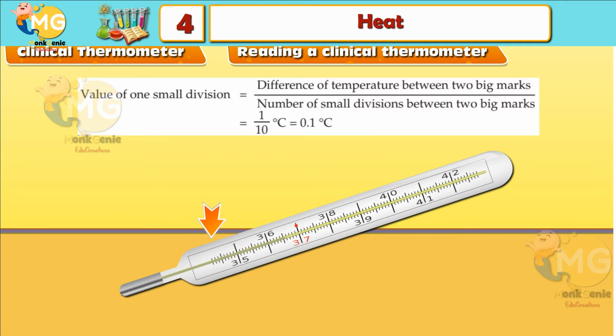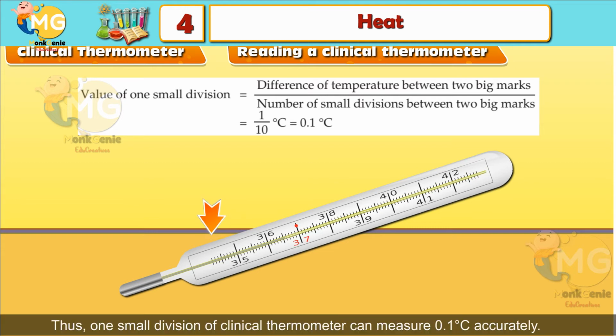Then the value of one small division is equal to the difference of temperature between two big marks upon the number of small divisions between two big marks, which is equal to 1 upon 10 degrees Celsius, equal to 0.1 degrees Celsius. Thus, one small division of a clinical thermometer can measure 0.1 degrees Celsius accurately.